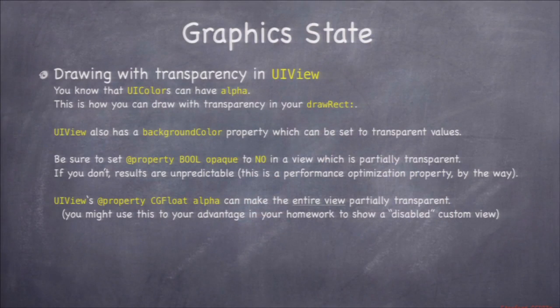UIView has a property called alpha. If you set it to 50%, then everything in your view will be 50% see-through, or 20%, or whatever percent you want. That's the entire view, no matter what's going on inside. And of course, you have transparent colors that you could fill with or stroke with to draw transparently that way as well. So there are a lot of ways to draw transparently in your view.